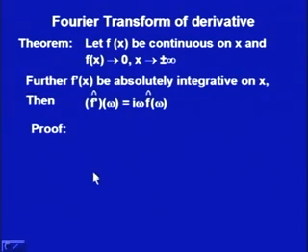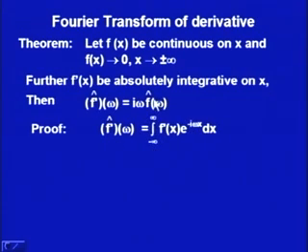Let us try to prove it. Go with the definition of the Fourier transform f hat. By definition, it is the integral from minus infinity to plus infinity of f(x) e to the power minus i omega x dx. Let us integrate by parts, taking f'(x) as the integrable function.